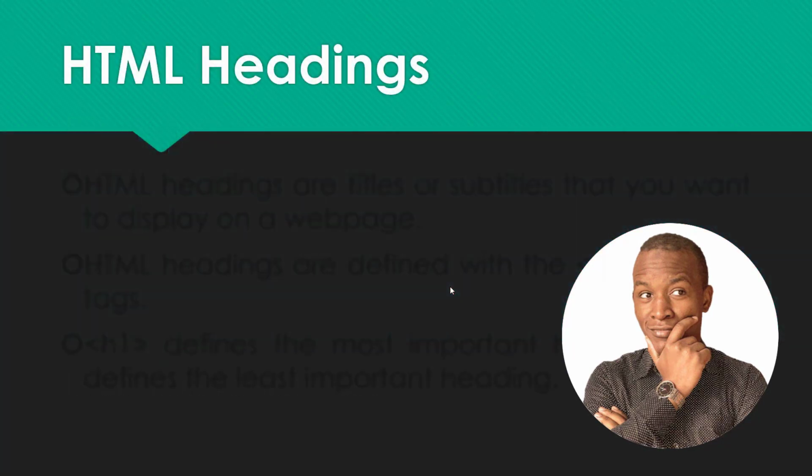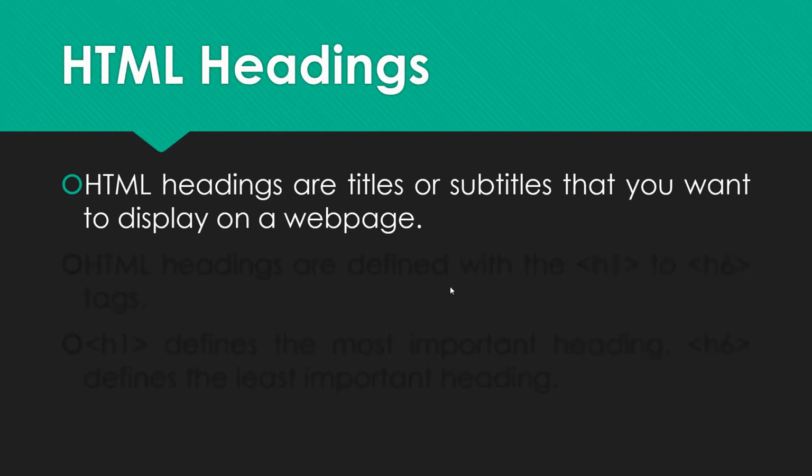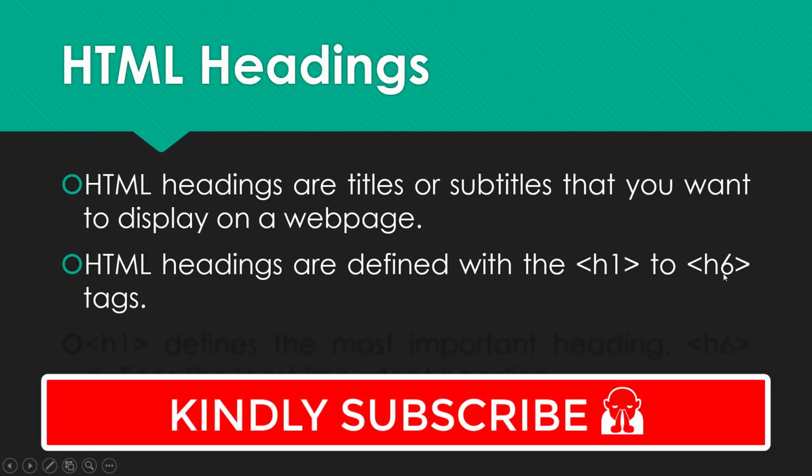So let's get started. HTML headings are titles or subtitles that you may want to display in your web page. If you want to put a certain title or a subtitle in your web page, you define those titles and subtitles using HTML headings. HTML headings are defined with H1 tags up to H6 tags.